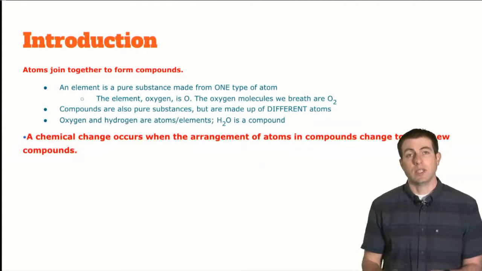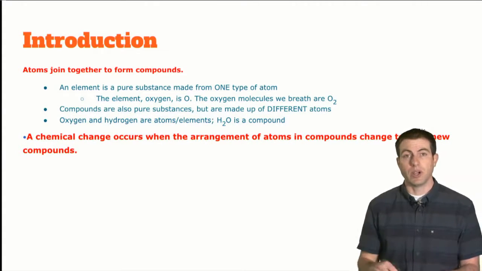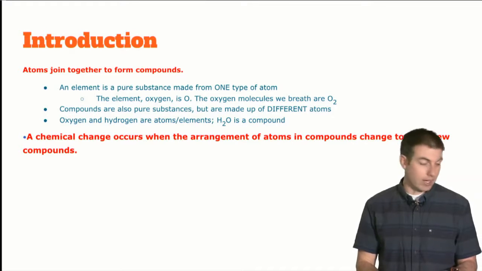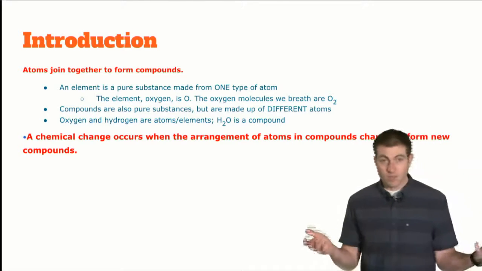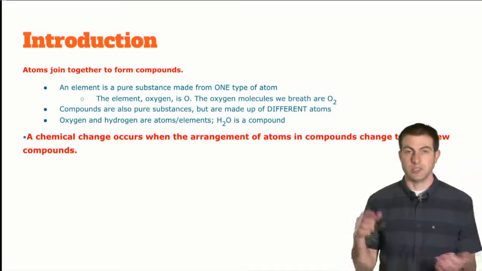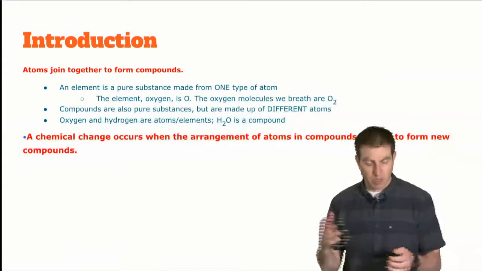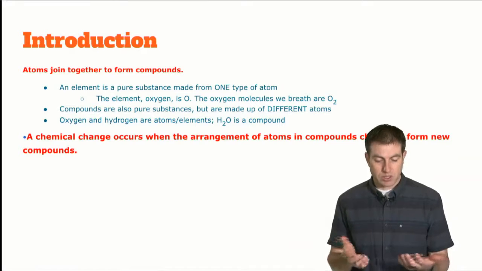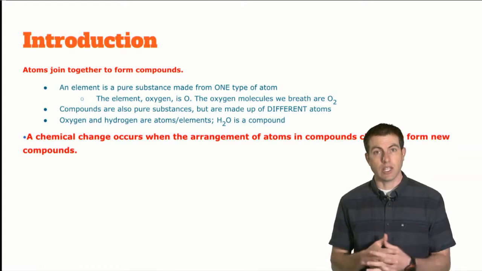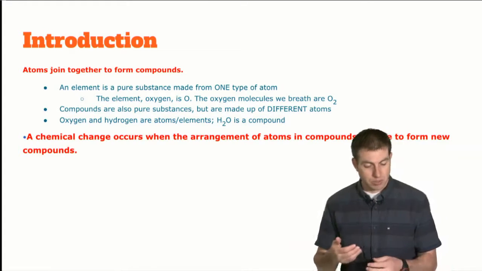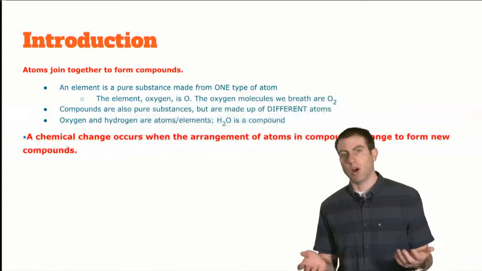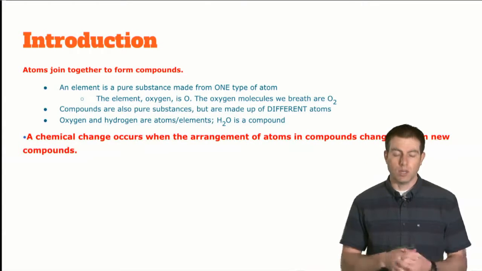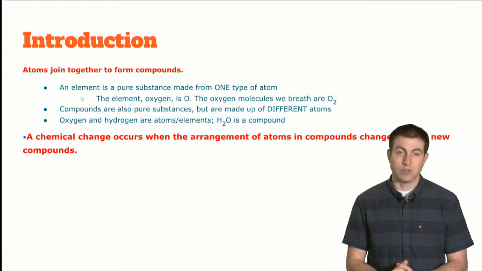So a couple examples. Let's talk about elements. Elements are all of those things in the periodic table. So we have all of the elements: hydrogen, helium, lithium, beryllium, all across the periodic table. And then you can have pure substances where you have just one element, like oxygen, or you can have a pure substance made of a compound, like water. Water has H2O, so 2 hydrogens for every 1 oxygen.